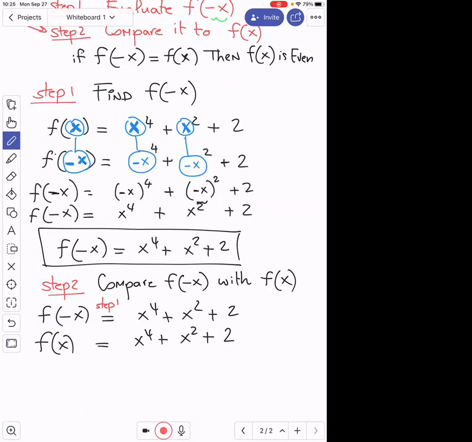They are the same thing. So the conclusion is that f of negative x is equal to f of x because they are the same, and you can answer the question: f of x is an even function.